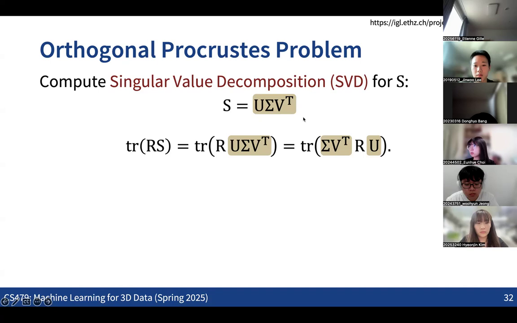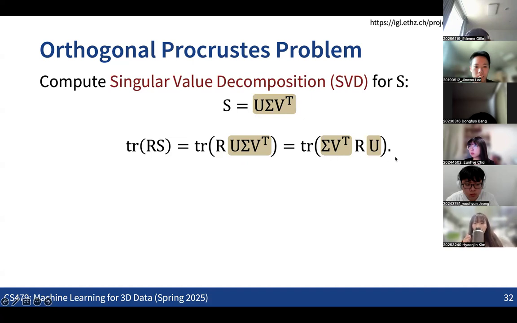Right? And by the definition of the SVD, U and V will be orthonormal matrices, while sigma will be a diagonal matrix. And we can apply the same trick of switching the order of the matrices inside the trace. So now we are taking R times U and sigma times V transpose as two matrices and switching their order.